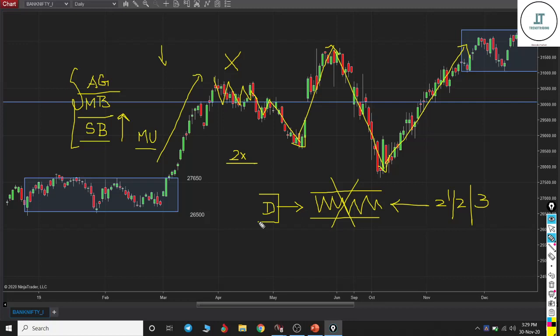Now you can ask me a question: if they are still active, why did this down move come in? Try to understand. If this question is in your mind, if as you said the aggressive buyers are still active, why has this down move taken place? This is a very good question. I will answer this before continuing.